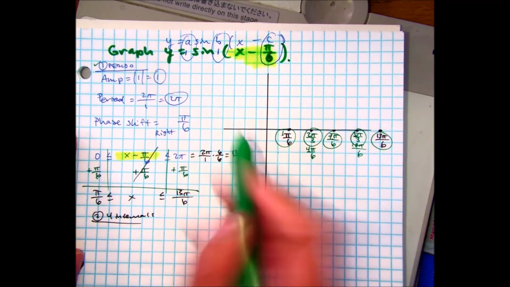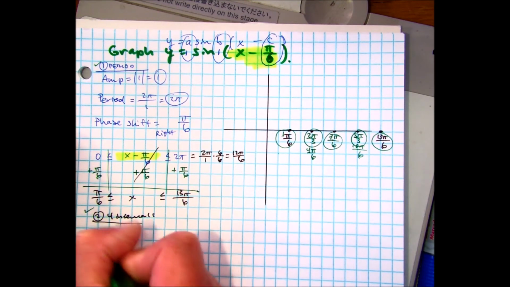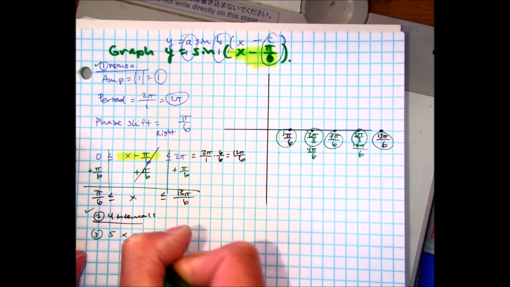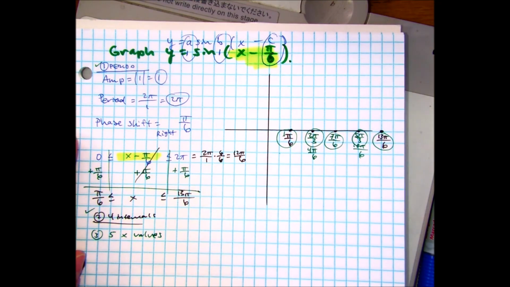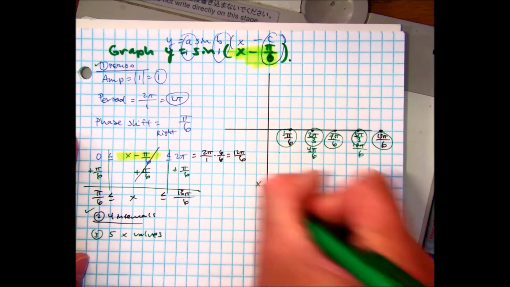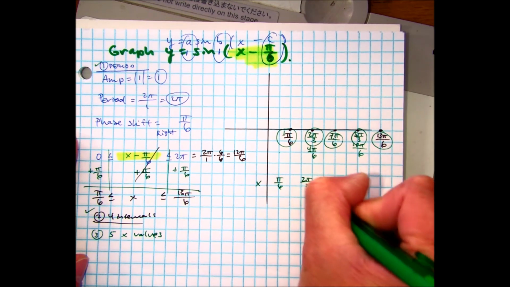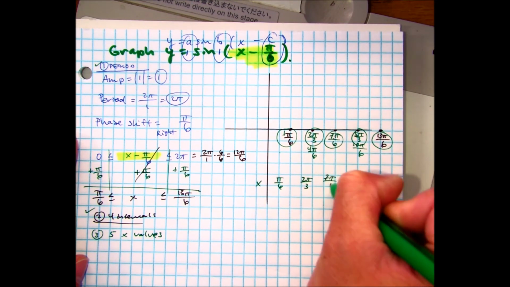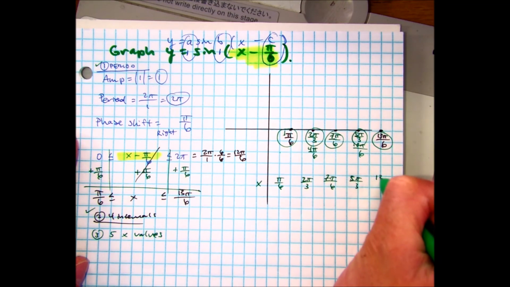We found our 5 points. We just found our 4 intervals, and now we're going to get our 5 x values. 5 x values come from the x axis. So I have x equals pi over 6, 2 pi over 3, 7 pi over 6, 5 pi over 3, and 13 pi over 6.